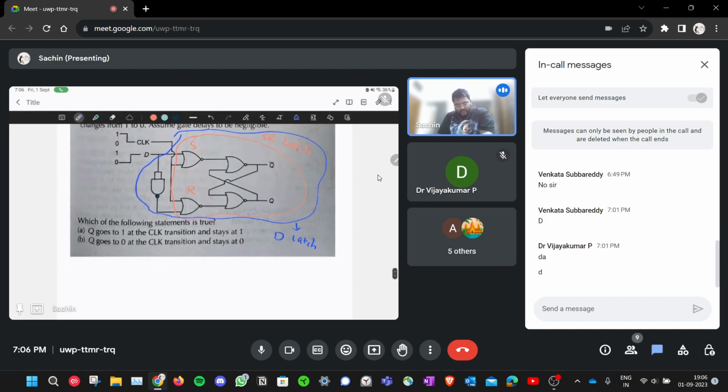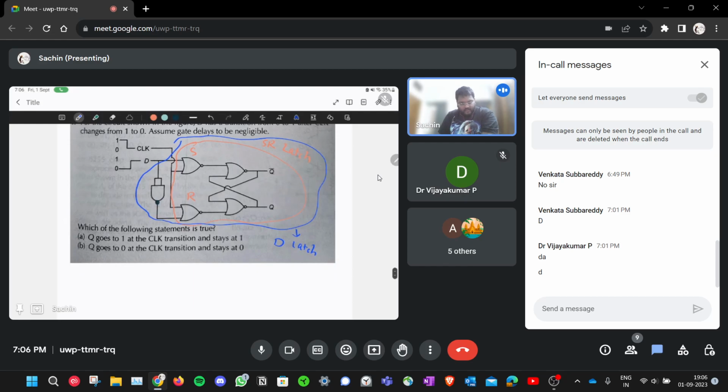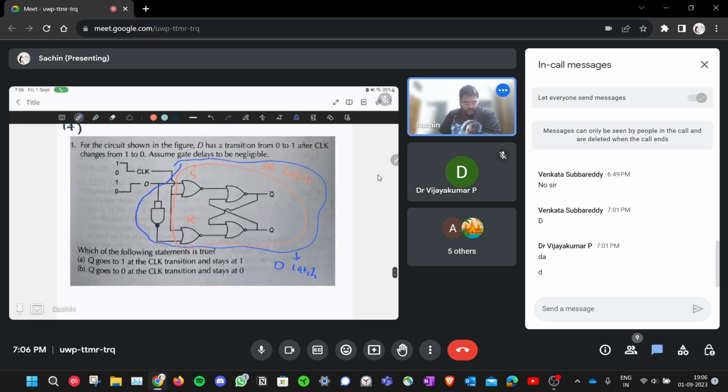So in a D latch, what will happen if you give D equal to 0, you will get Q equal to 0. Q is your output. Q is the output that we consider. Q bar is also an output, but usually when we say the output, we take Q as the output. And when you give 1 to this D, you will get a 1 at the output. But the thing is, this will only happen when the clock input is high. So this transition won't happen if the clock input is low. So initially, the clock is high up to this point.